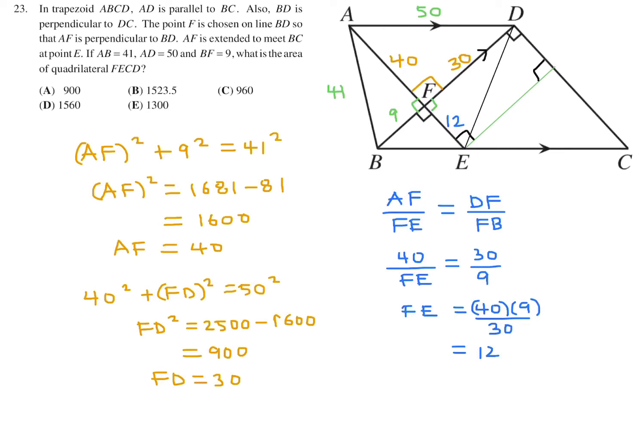So this is exactly parallel. And when you do that, I hope you can see that it makes this length 12, exactly the same as FE. And it makes this side right here 30, exactly the same as that 30 right there.